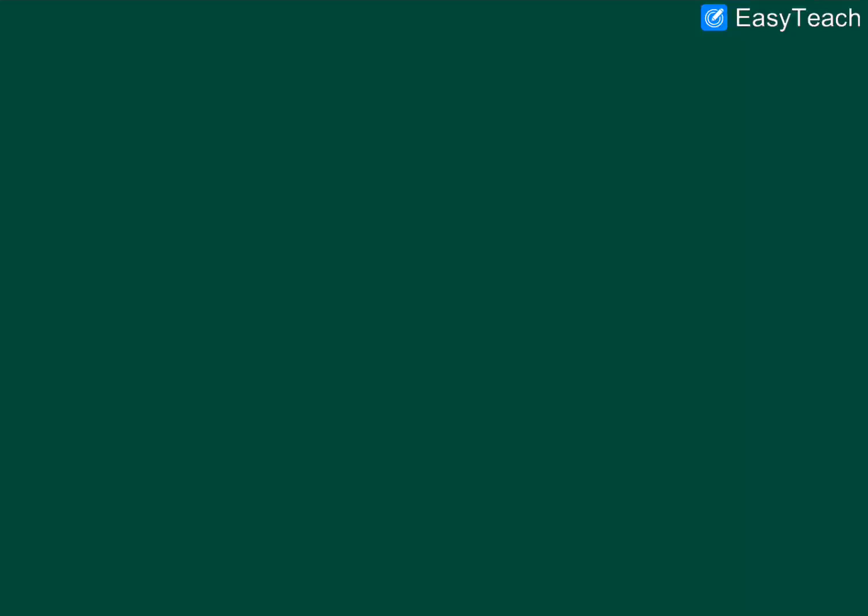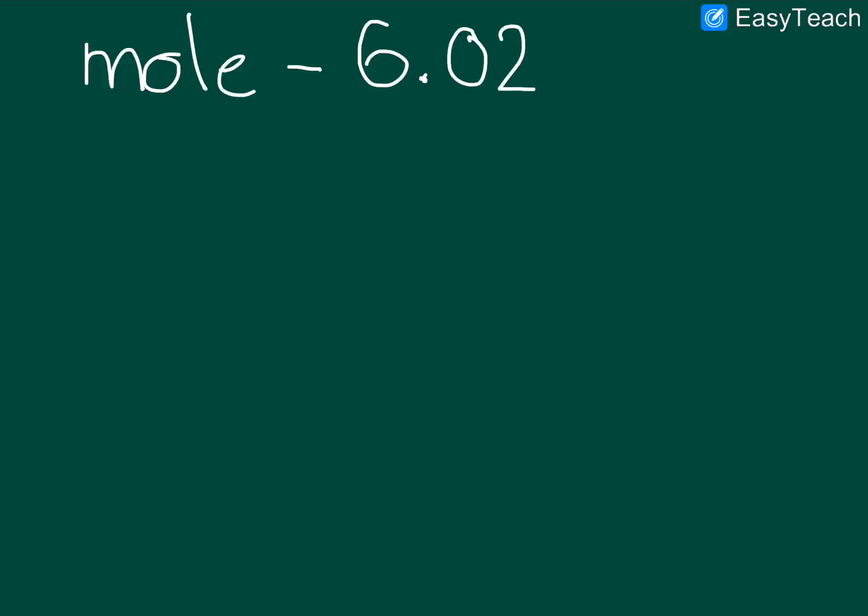But the mole is something that is pretty confusing at first, but it is extremely crucial for you to understand in chemistry. So let's talk about the mole. The full spelling of mole is MOLE, and when you're referring to it as a symbol, you just take away the E. So the mole, we define it as 6.02 times 10 to the 23rd power.